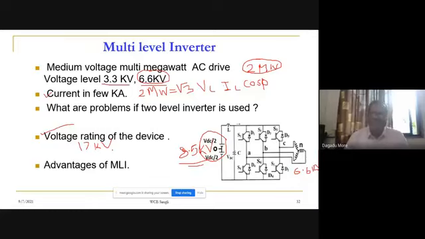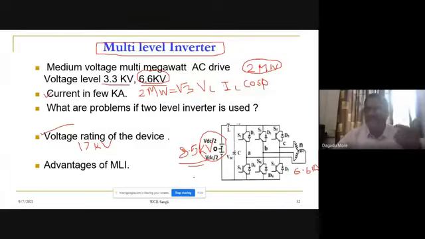We can go for another inverter topology, and that is what we call a multi-level inverter. If it is 5 level, the voltage across each device will be reduced by level minus 1.